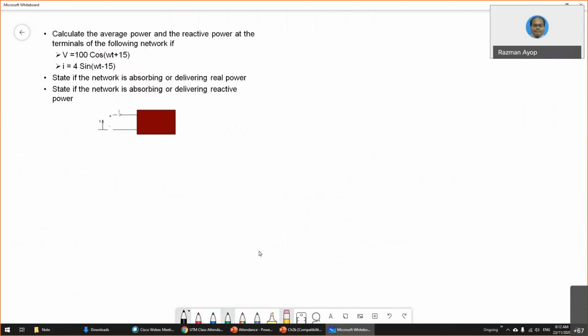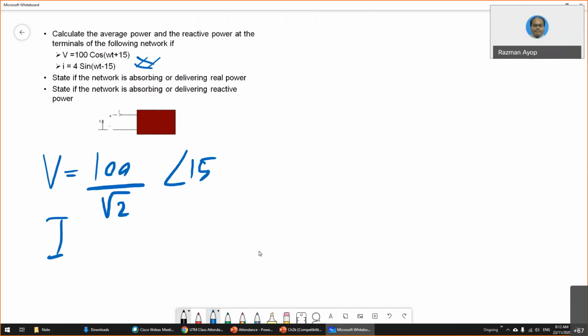First thing, if it is in the time domain, make sure you change it into the phasor domain. So V equals 100 divided by square root 2, and the angle is 15. I equals 4 divided by square root 2, the angle is negative 15. So make sure you change this first before you use the formula.